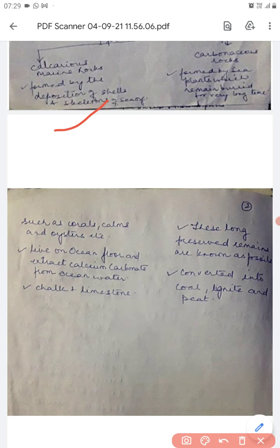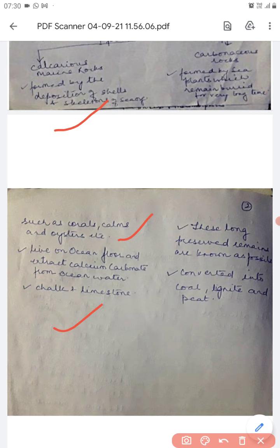Their skeletons and shells deposit there, and they give rise to the formation of calcareous marine rocks. The examples are corals, oysters, etc. They live on the ocean floor and extract calcium carbonate from the ocean water, such as chalk and limestone.